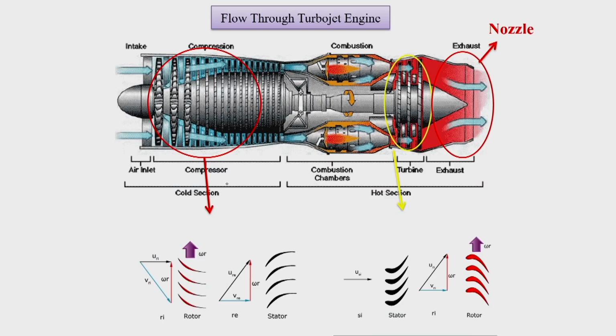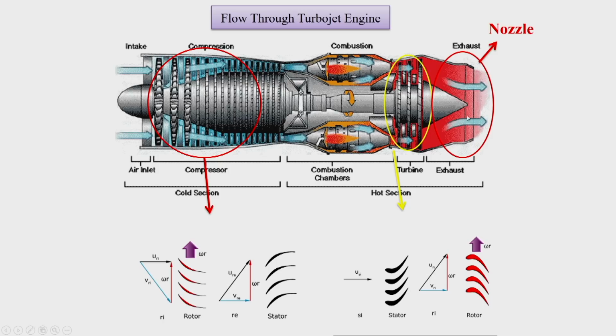Then this is the flow through the different components of the turbojet engine. As we have seen, first air is passed over the low pressure compressor, then the high pressure compressor, then the air goes through the combustion chamber, then to the high pressure turbine and low pressure turbine, and then we have the nozzle.